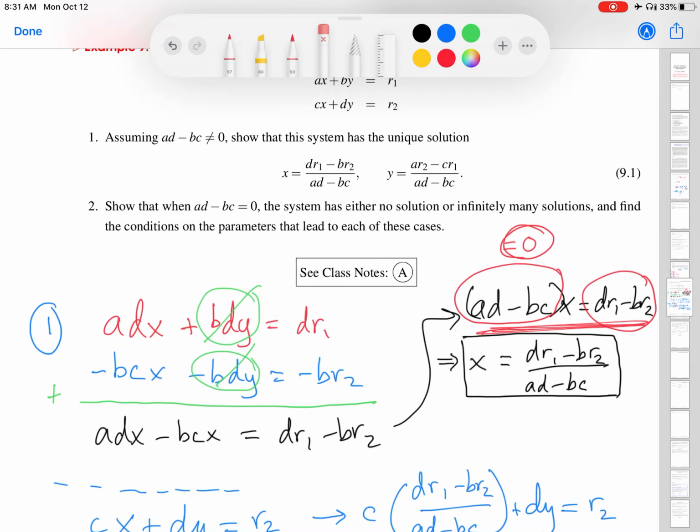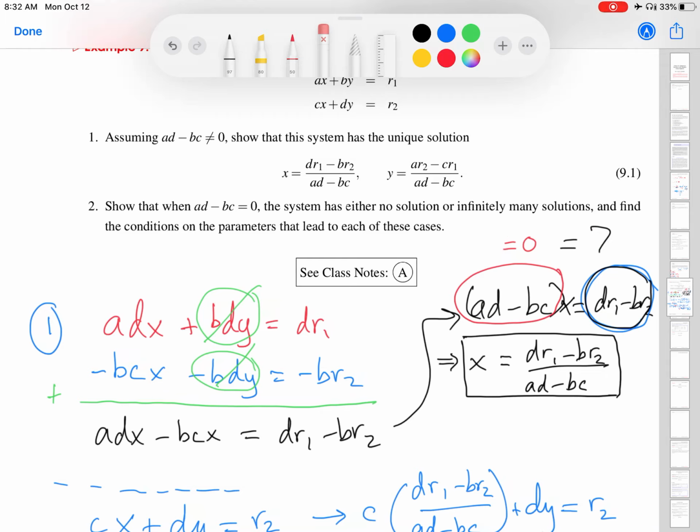If this quantity over here is 0, then that will be fine because you'll get 0 equals 0. Sure. But if this quantity over here is non-zero, then that will not be fine because you'll get 0 equals whatever the number is, 7 or something, and then you'll get no solution.